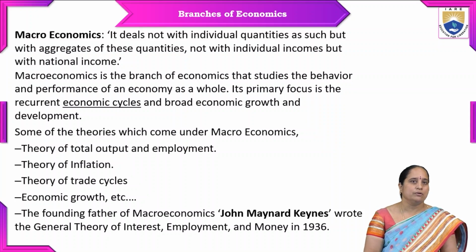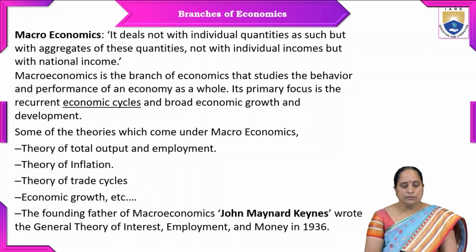Macroeconomics is the branch of economics that studies the behavior and performance of an economy as a whole. Its basic objective is recurrent economic cycles and broad economic growth and development. The country's economic position is evaluated with the help of macroeconomics.